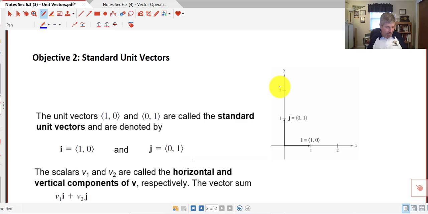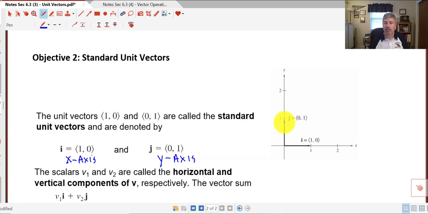Now let's take a look at the standard unit vectors. The vectors 1, 0 and 0, 1 are called standard unit vectors. i, or the vector 1, 0, is our vector along the x-axis. And our j, 0, 1, is our vector along the y-axis.